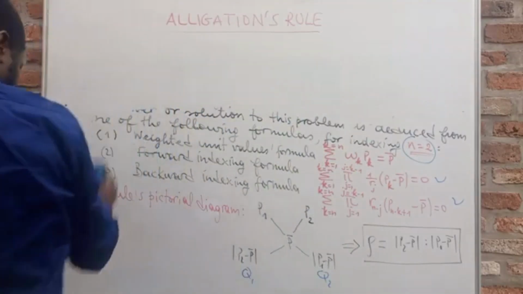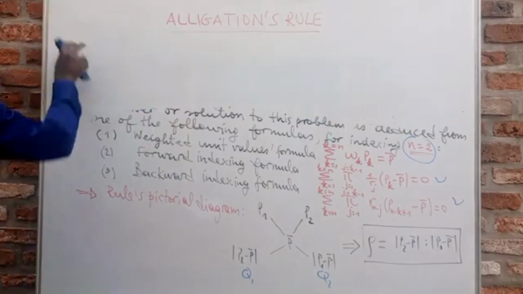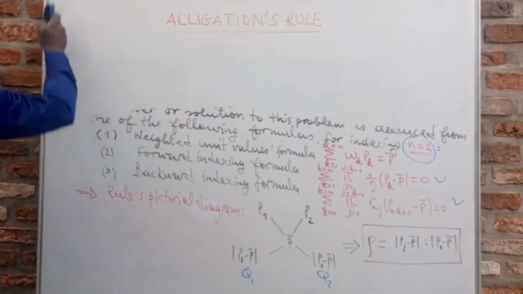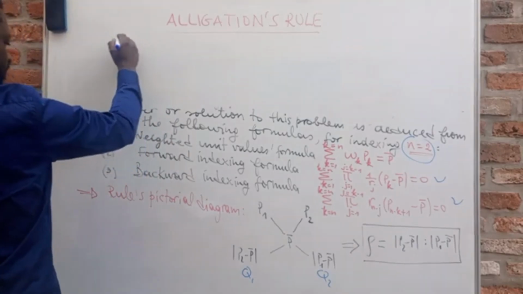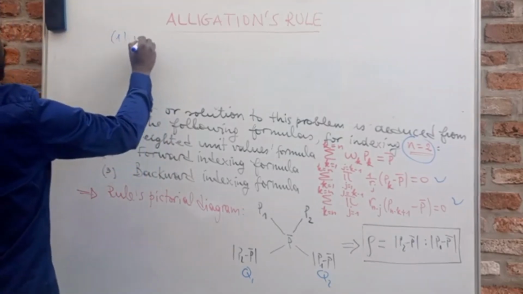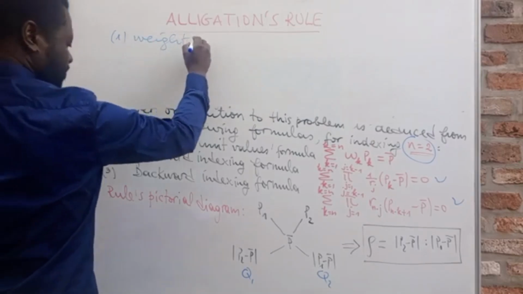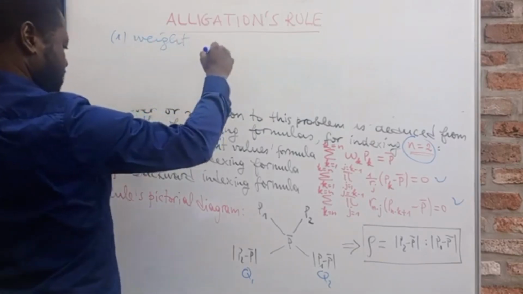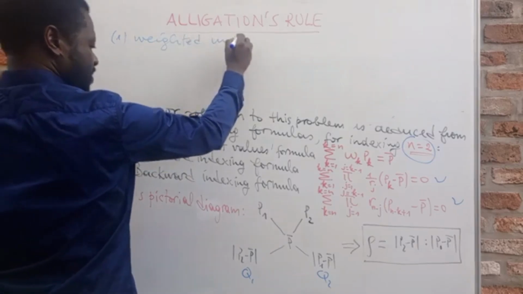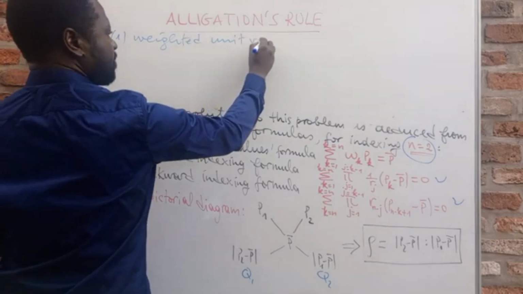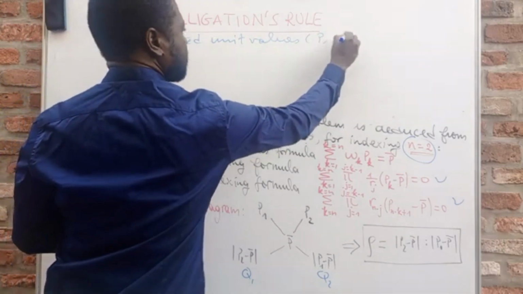Now we start by using the weighted mean value of the unit values P1 and P2.